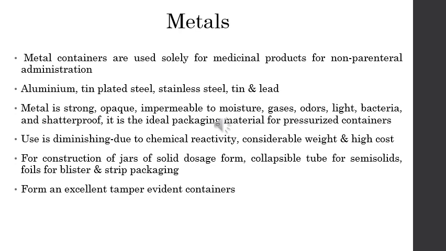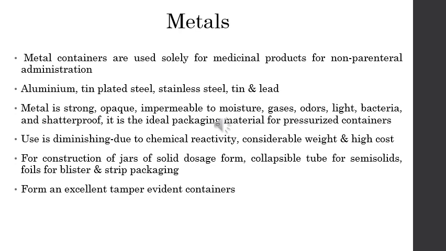The next type of material used for containers is metals. Metal containers are used generally for non-parenteral administration. The metals used are aluminium, tin plated steel, stainless steel, tin and lead. Metal is strong, opaque, impermeable to moisture, gases, odors, light and bacteria, and is shatterproof.